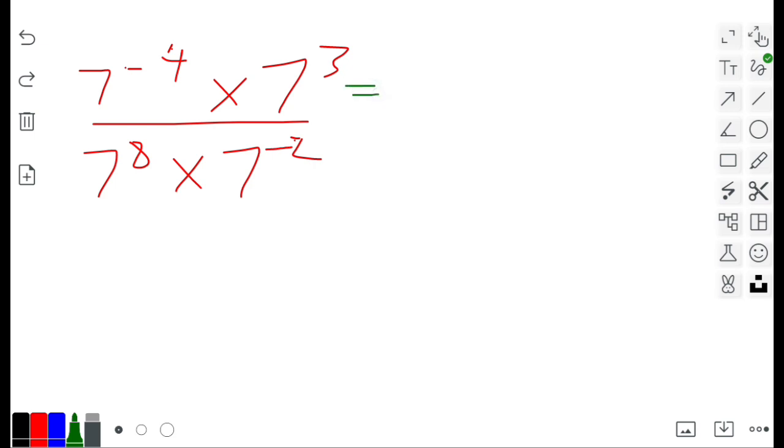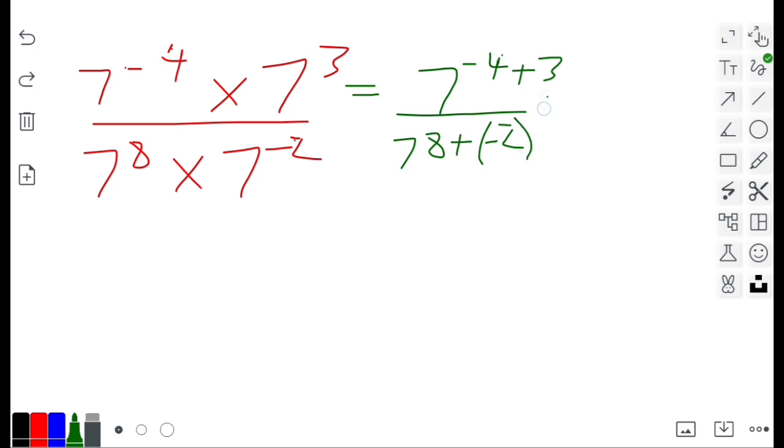So this will be 7 raised to the power of minus 4 plus 3 divided by 7 raised to 8 plus minus 2. Let's put this in brackets. So we're going to be having 7 raised to the power of minus 1, because minus 4 plus 3 is going to give us minus 1, over 7 raised to the power of 6.